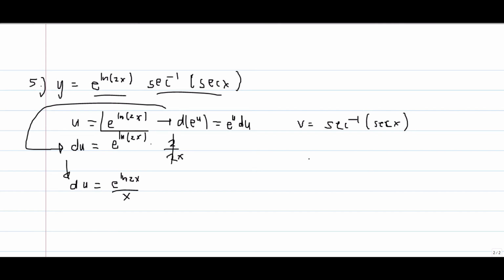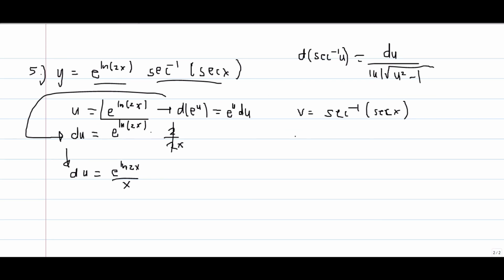Okay, so again take note, the derivative of the secant inverse u is equal to du over the absolute value of u times the square root of u squared minus 1.